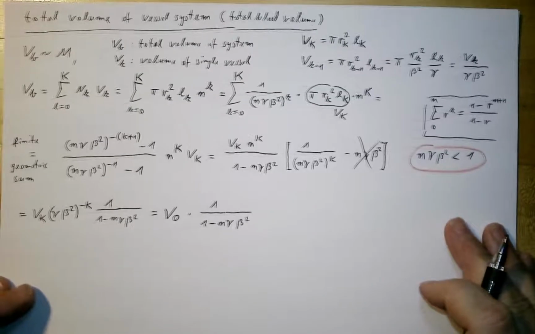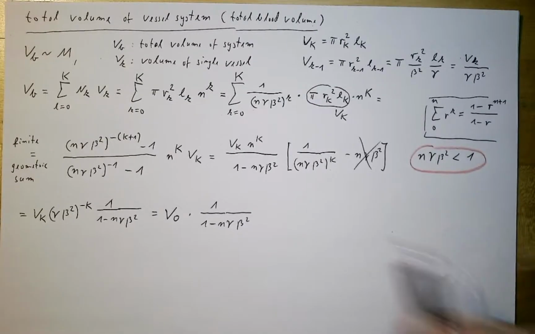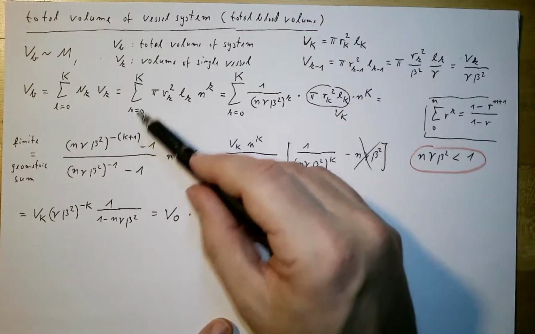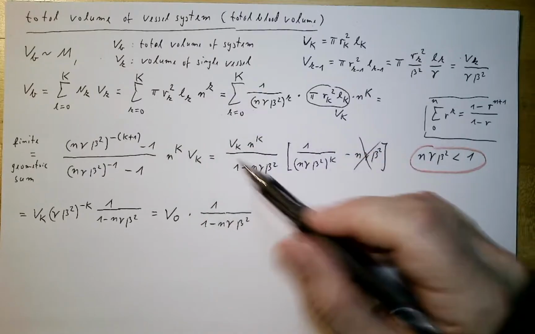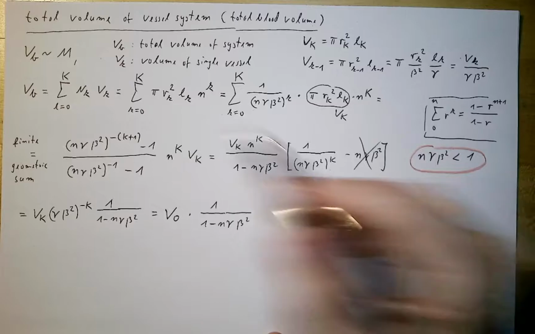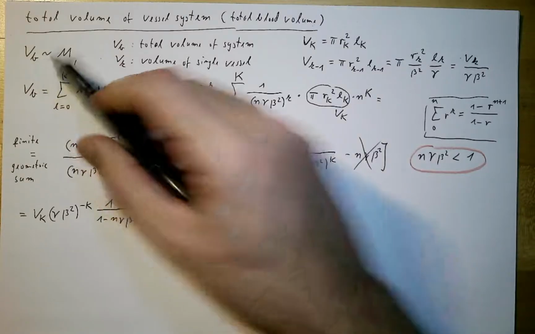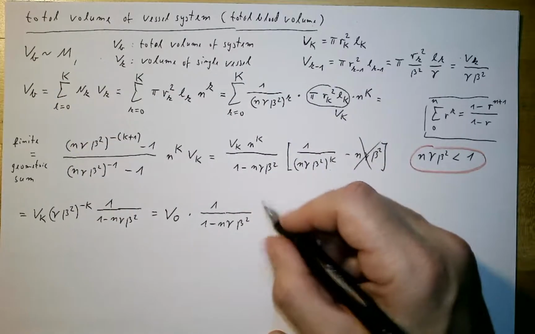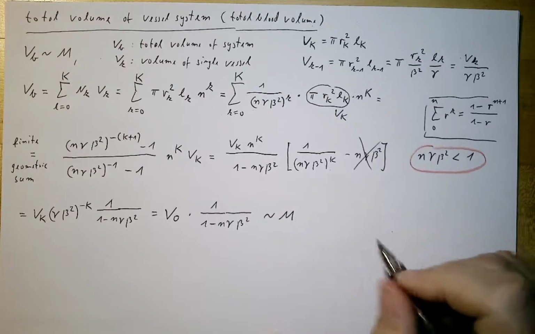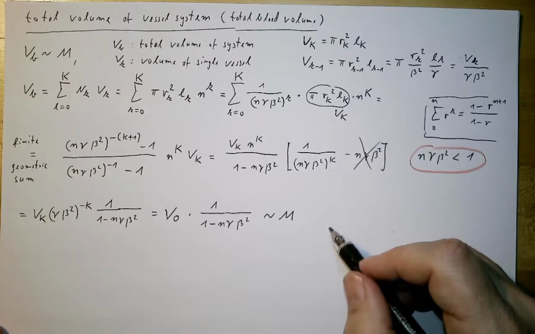So there was maybe a longish calculation, but it was just summing up the volumes of all the vessels at all levels, taking into account how many vessels we have at a certain level. And now our idea was that this is proportional to the body mass.